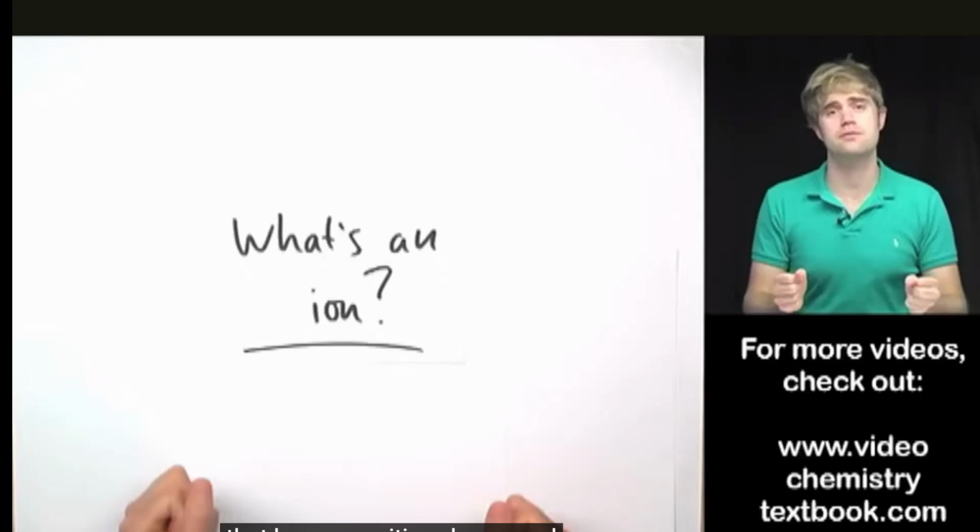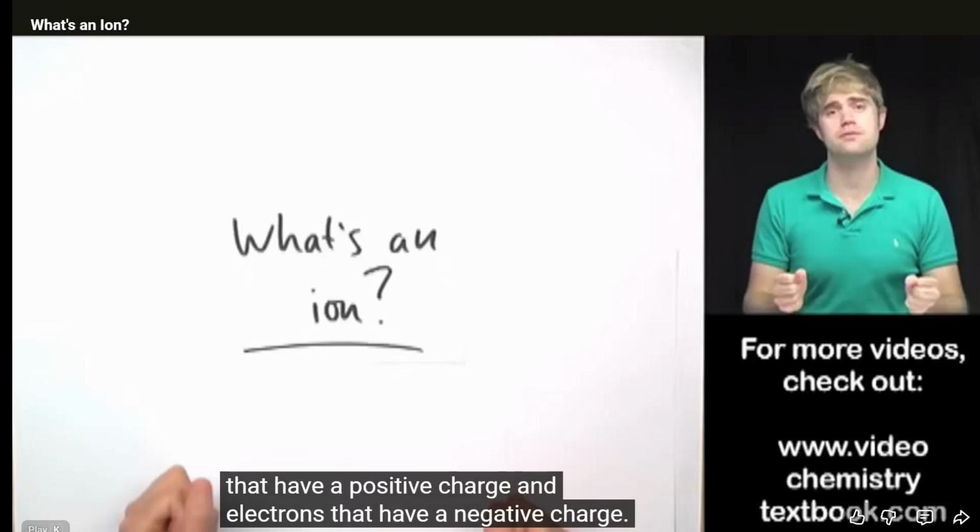So you cannot turn an atom into an ion by adding or removing protons because it will turn it into a completely different element. Okay? So what are we going to be adding or removing to make ions? We're going to be adding or removing electrons, yes.